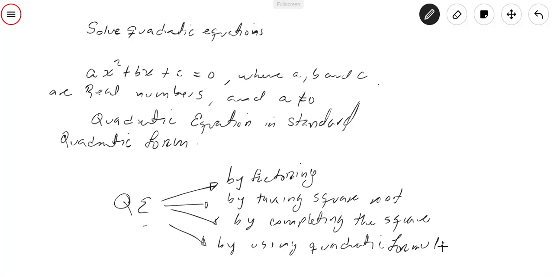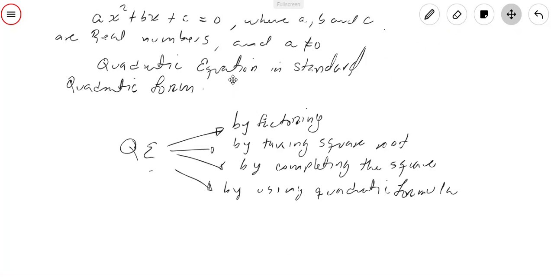I will give you some examples of each of these methods of solution of quadratic equations. So let us start with the solution of quadratic equations by factoring.